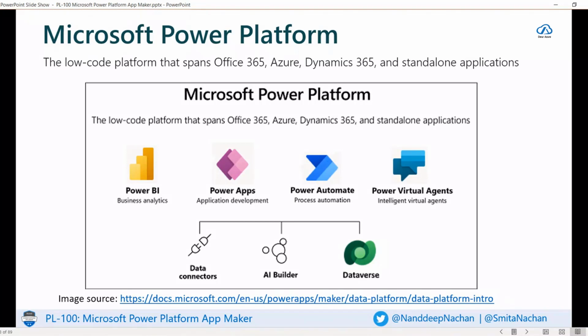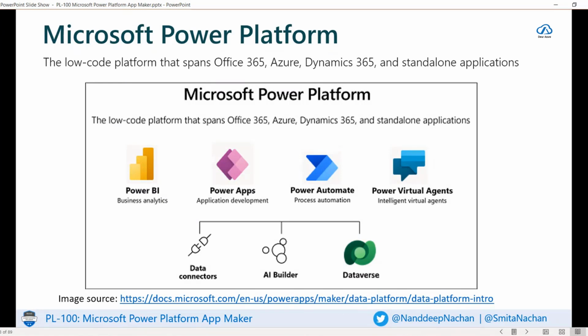Then on the feature side, we have various connectors available through which we'll be able to connect to various systems. It could be an on-premises system, it could be an online system, or it could be any of the data inside Microsoft based services, or even non-Microsoft based services, including Google or Box, Dropbox, anything of that sort.